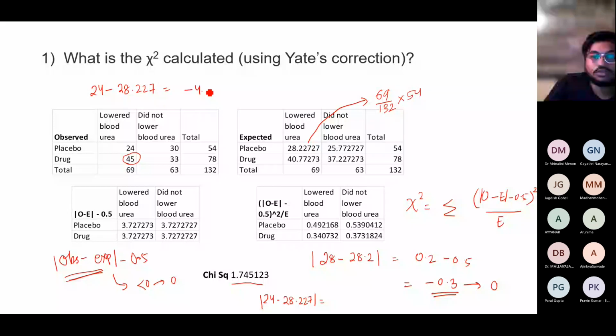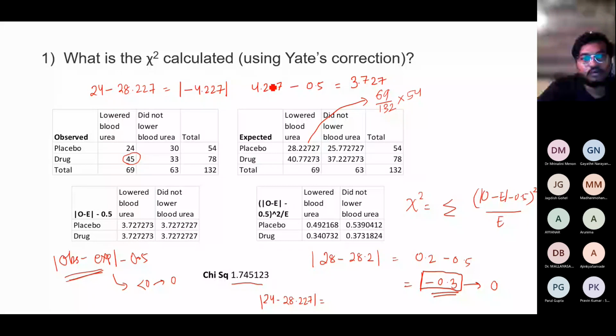Then we take the modulus, which is 4.227, and we subtract 0.5. So we get 3.727. I got it. Thank you, sir. We do this for all of these. But in case we got an answer like the earlier one, we would take 0, we would not take negative. That is something you have to remember while using this Yates correction, and always take the modulus before you subtract 0.5.